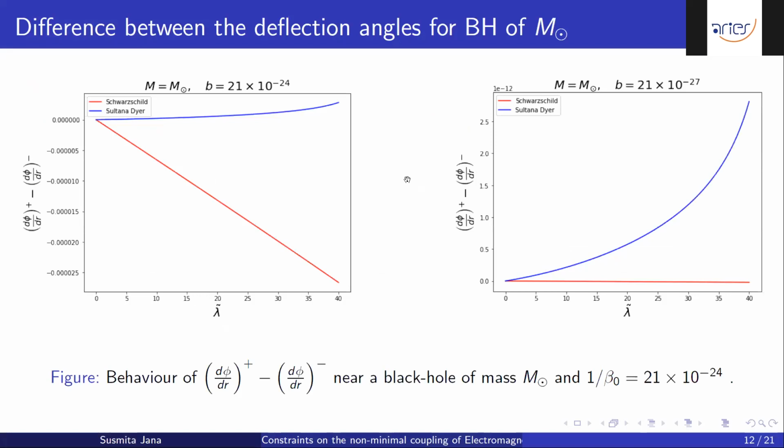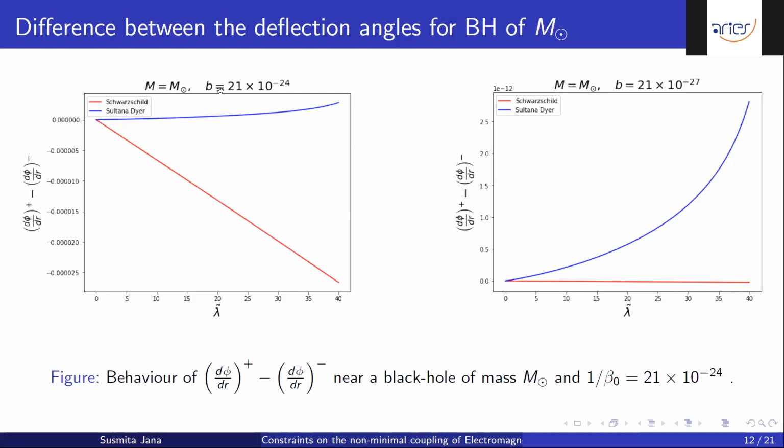Now here I have shown the difference between the deflection angles for a solar mass black hole, for the Schwarzschild and Sultana-Dyer black hole. This blue line is for Sultana-Dyer and the red line is for Schwarzschild. So you can see that the behavior of the curves depends on the value of b.